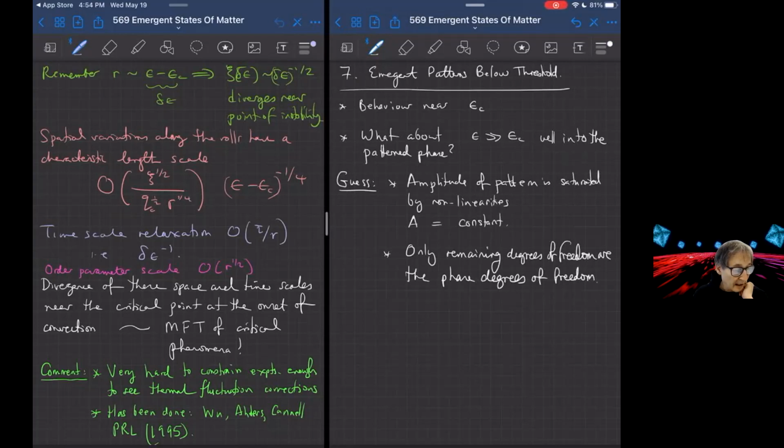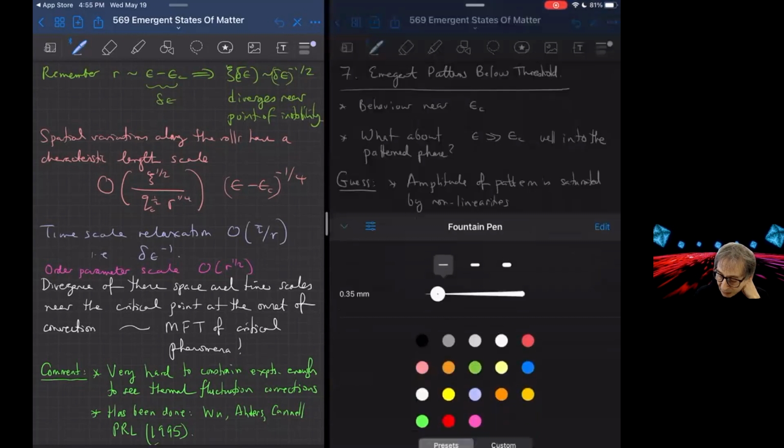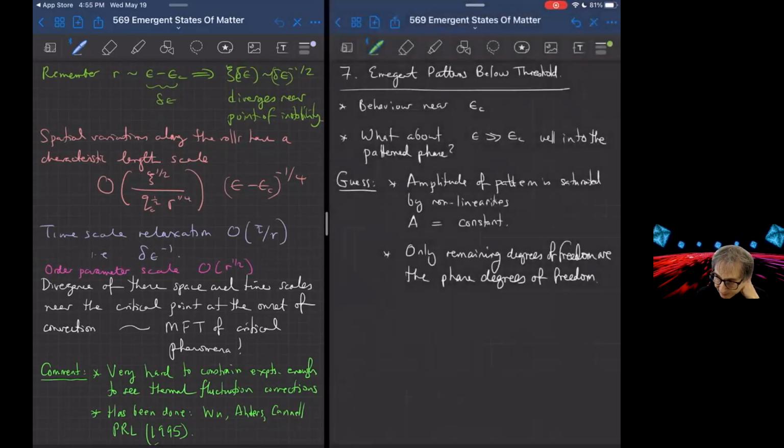And this is exactly analogous to what we saw in equilibrium, and like what you did in homework 7, for example. So I just want to summarize what one can calculate.